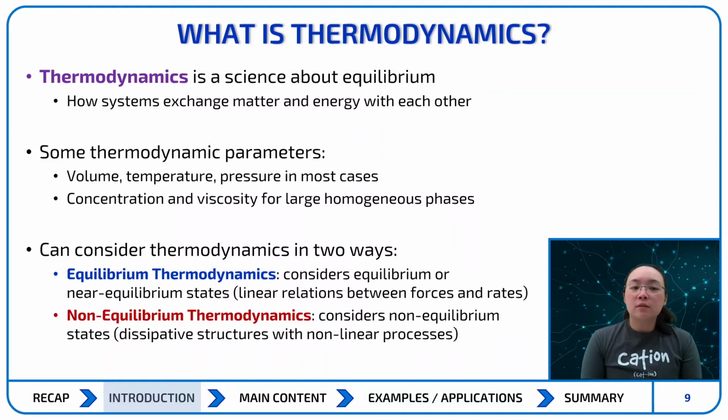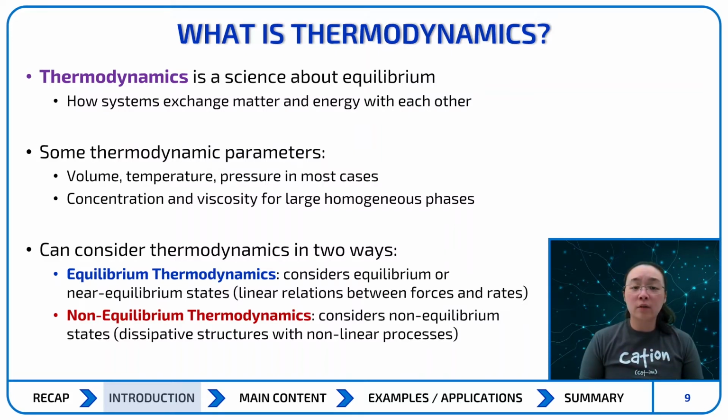So when we talk about thermodynamics, we can consider it in two different ways. First, whether it's equilibrium thermodynamics or whether it's non-equilibrium thermodynamics. With equilibrium thermodynamics, it means that we're trying to look at equilibrium or near equilibrium states. If we do assume that, then that means that we have linear relationships between your forces and your rates.